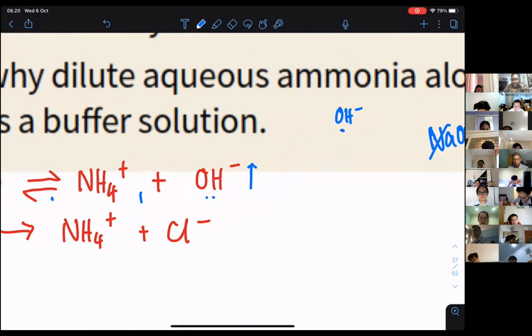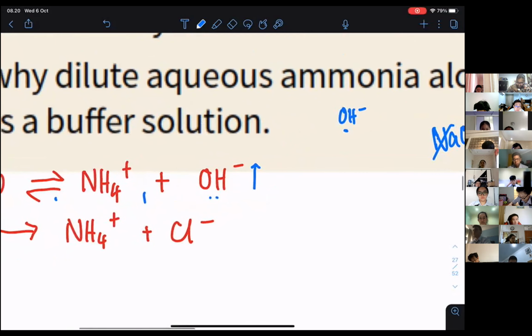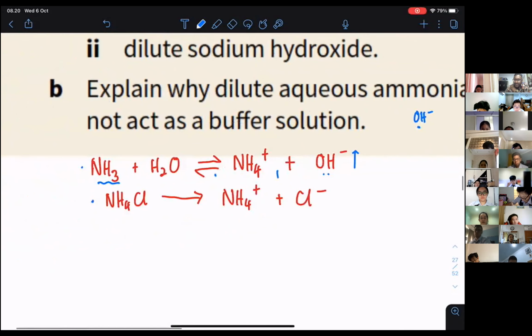What do I need to do, Justin? Shift the position to the right, to the left, not to the right, because the OH minus is increased. According to LCP, you need to decrease it, because I don't want that increase.